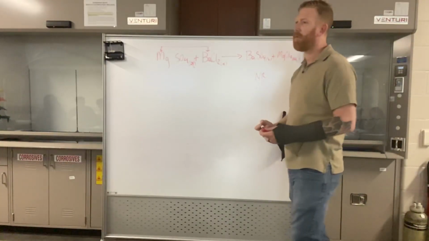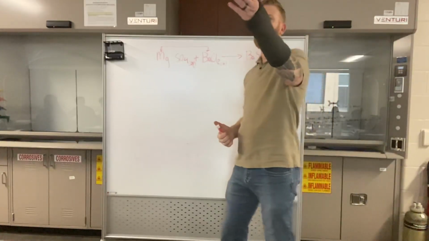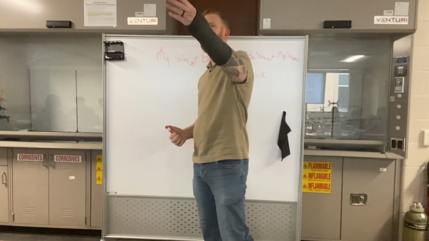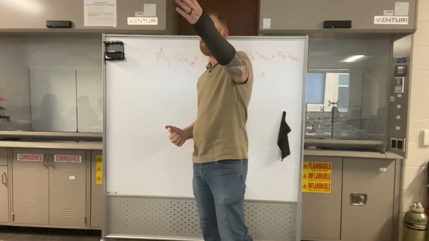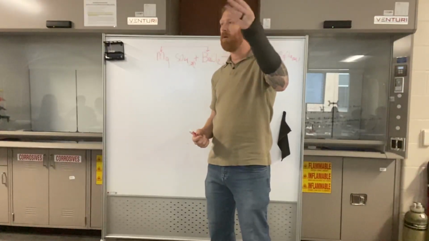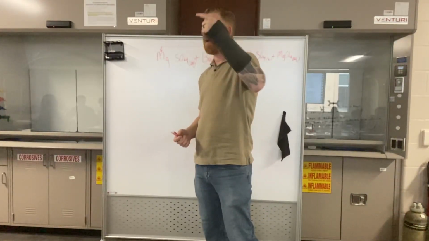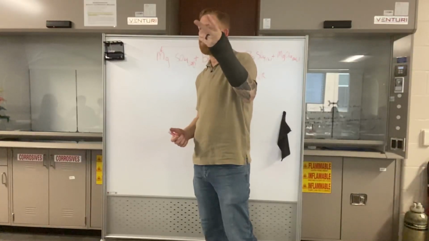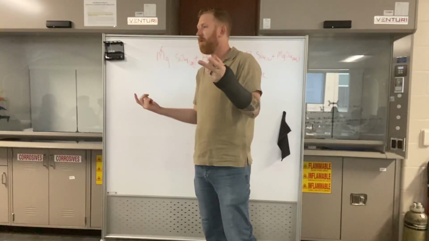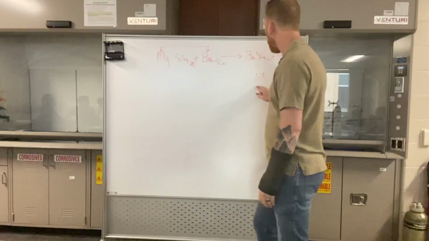So if we were to put ammonium nitrate and sodium acetate together, I can switch those out all I want, but all acetates, all nitrates, ammonium, and sodium, they're all soluble. So switching them isn't going to do anything. That'd be no reaction.